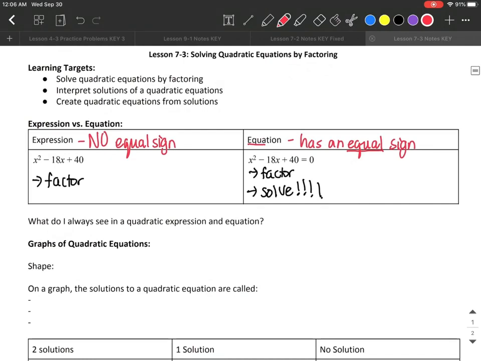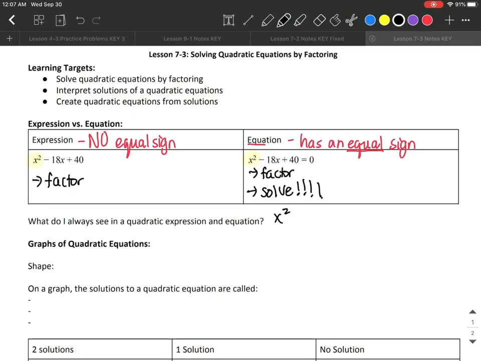All right. What do I always see in a quadratic expression and equation? Well, looking at these two examples, they have the same exact numbers, but what I always see in a quadratic something is x squared. So if I see x squared, I know I have a quadratic something.